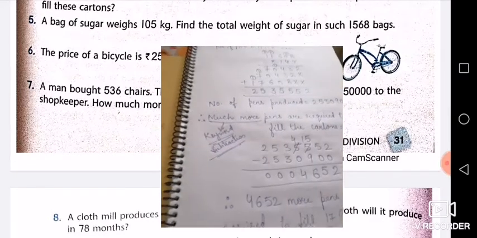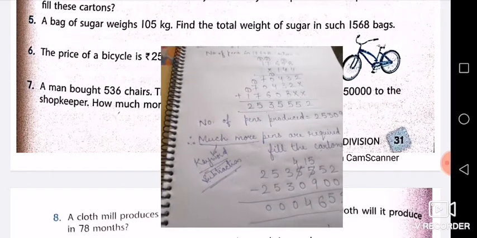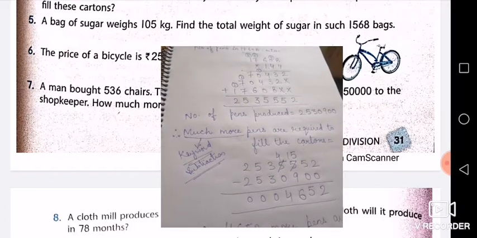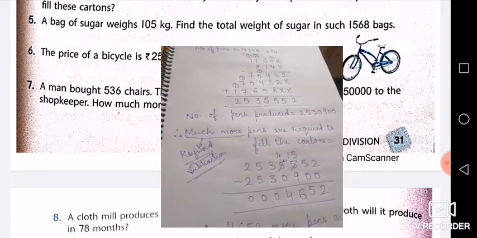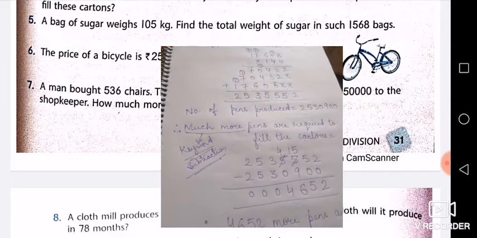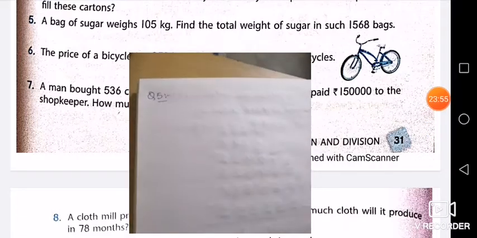Now question number 5 is, a bag of sugar weighs 105 kg. Find the total weight of sugar in such 1,568 bags. Now this question is not difficult.